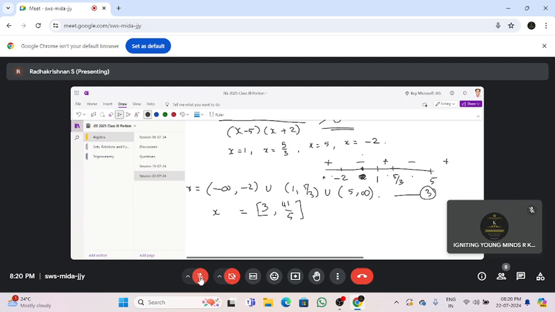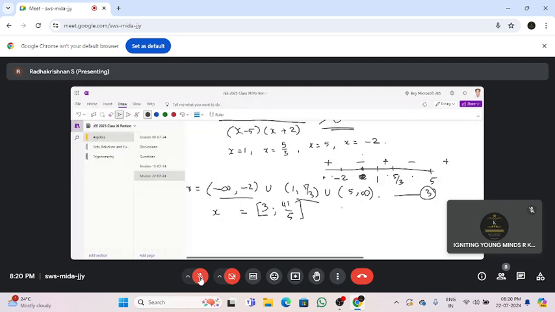So 5, 41 by 5, sir. Correct. Because minus infinity to minus 2 and those do not come in at all, right? Up to 5/3, even 5/3 is less than 3, so those are all irrelevant. So now we have to only take the intersection of 3, 41 by 5 and 5, infinity.